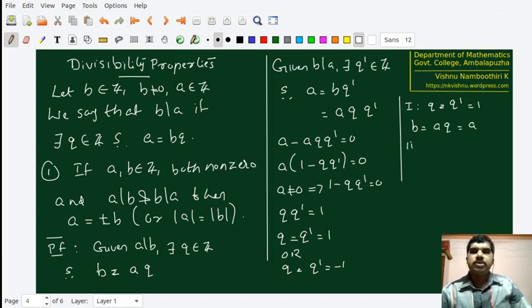In the second case, q equal to q prime equal to minus 1, therefore b is equal to aq is equal to minus a. Therefore, in either of these cases, we will get b to be equal to a or b to be equal to minus a. Therefore, a equal to plus or minus b, or mod a equal to mod b.